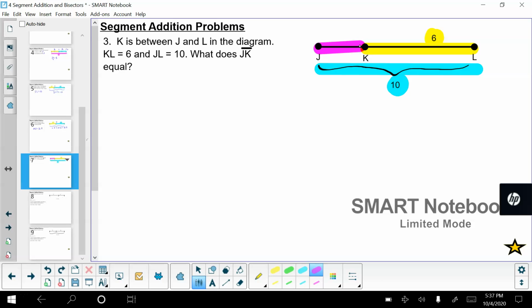So this one's a little bit different because instead of giving us the two parts, it's giving us the total and one part, and we have to figure out the other part. So I'm going to give you a little bit of time to see if you can figure that out, and then we will check your answers.